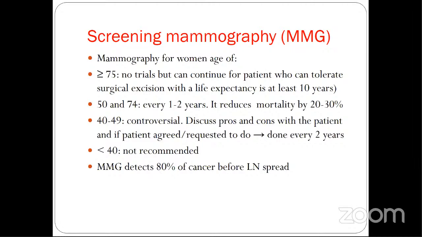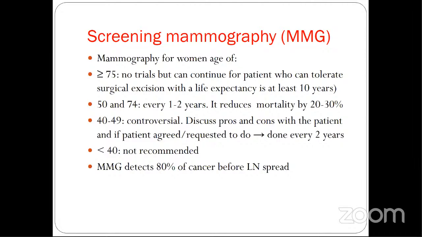From 40 to 49, it is controversial. We'll discuss the cost-benefit ratio, the advantages and disadvantages, with the patient, and if the patient agrees or requests it, we'll do it every 2 years.